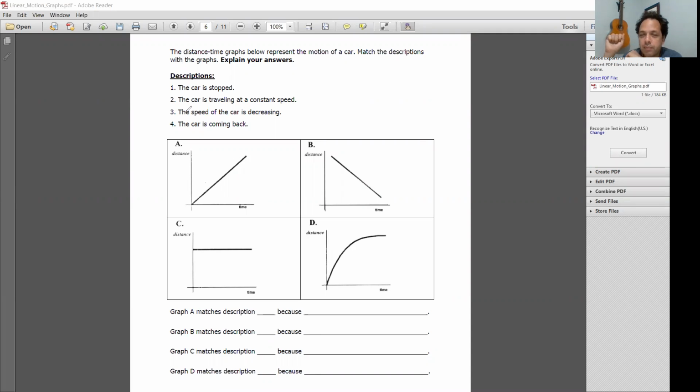I'm just going to do this with a symbol. For number one, the car is stopped. That is going to be C. Yeah, C is 1.